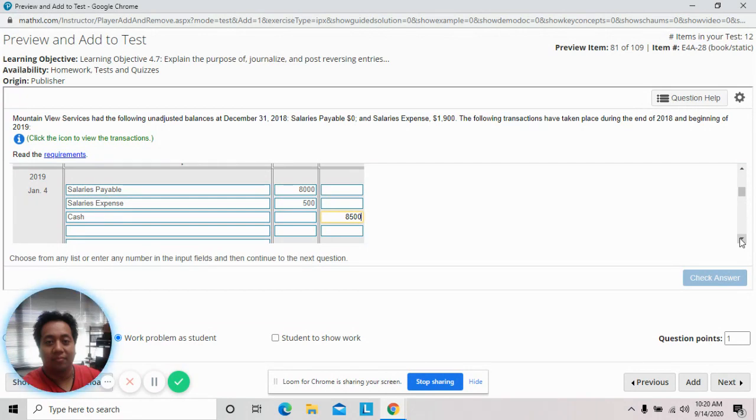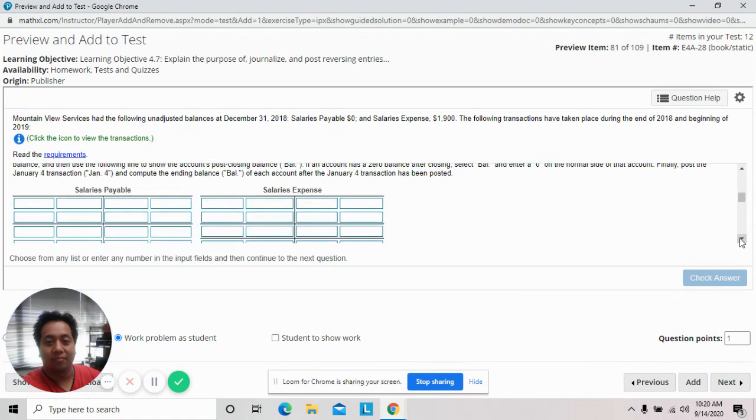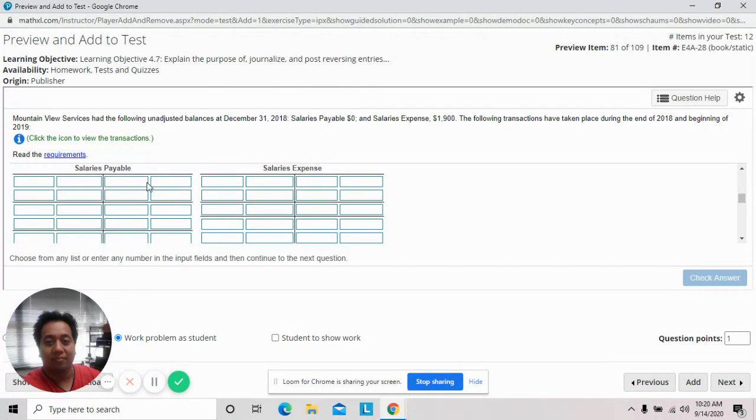So now I will go to my T account. We started with a 0, as you can see here. That was my unadjusted balance. I had an adjusting entry of $8,000. $8,000 is my adjusted balance.